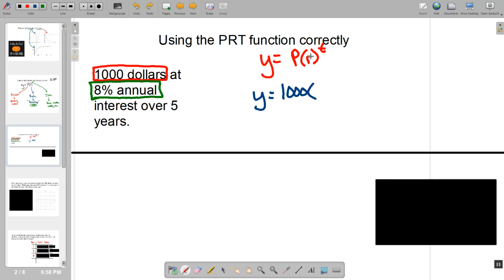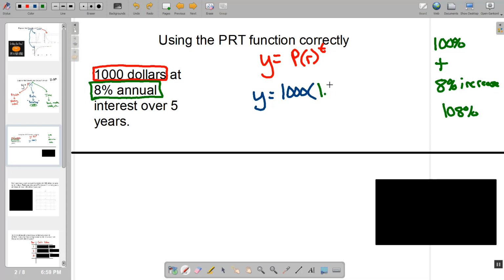And now it might be tempting to put an 8% in here. But you always want to think about if 100% is your total, what is 100% plus our 8% increase? Well, that would be a total of 108%. But you wouldn't write a percentage in an equation.